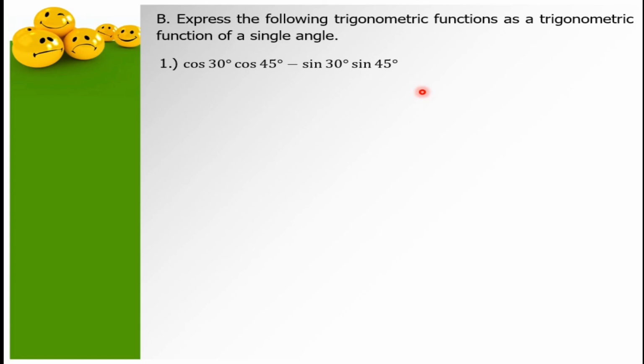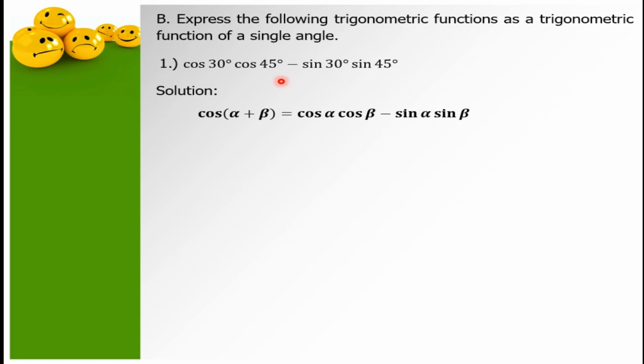So determine nyo lang kung yung expression na to is sa anong formula. Okay? So this is in the formula of the cosine of the sum of two angles. Diba yung cosine of the sum of two angles is cosine alpha times cosine beta minus sine alpha times sine beta. If alpha is 30 and beta is 45 degrees, so eto is nasa form na ganito.